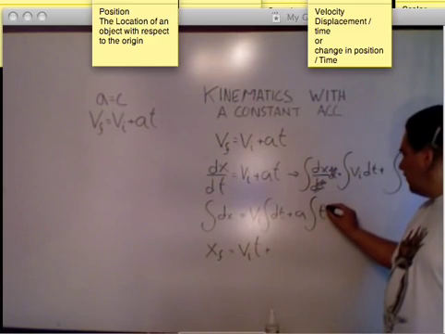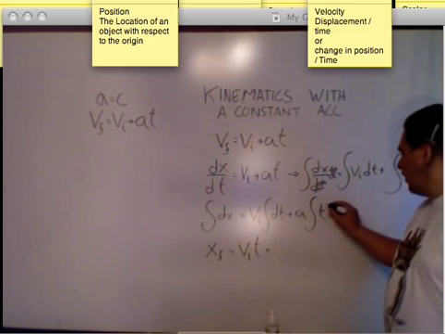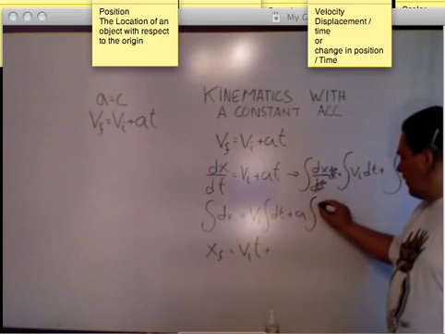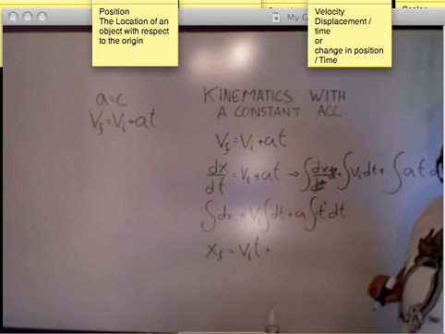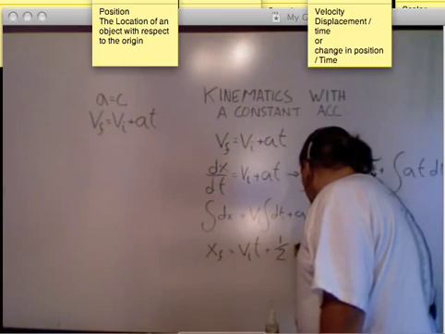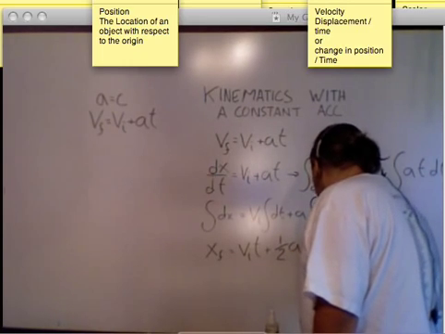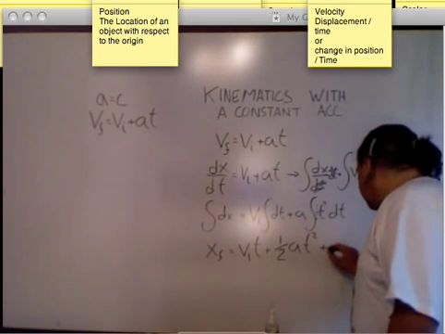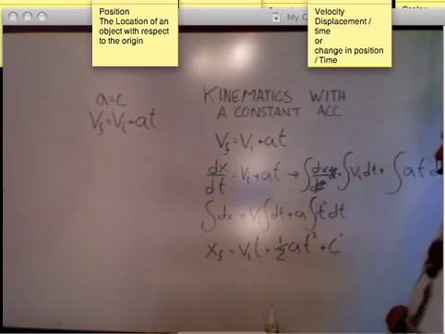That means the exponent goes up to 2, and then that comes out front. So that ends up giving me a 1/2 a t squared plus a constant.